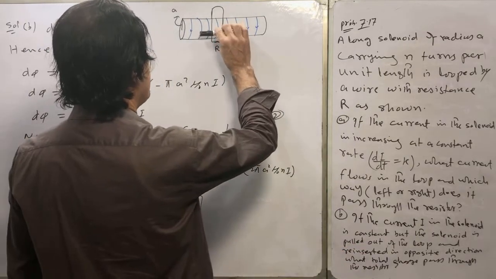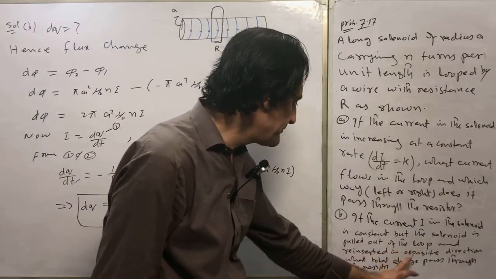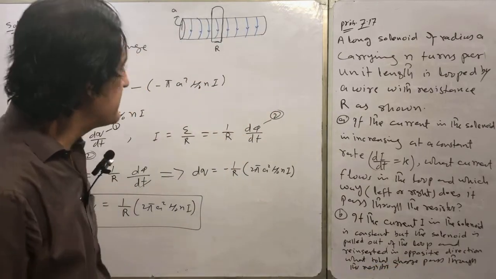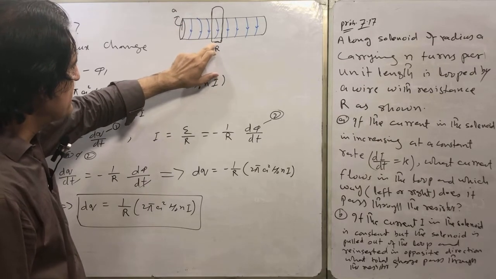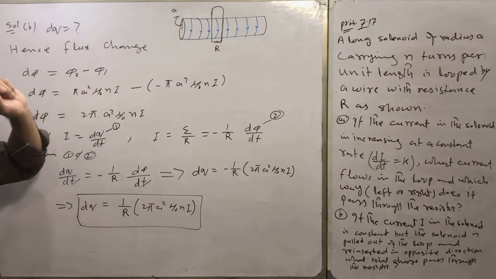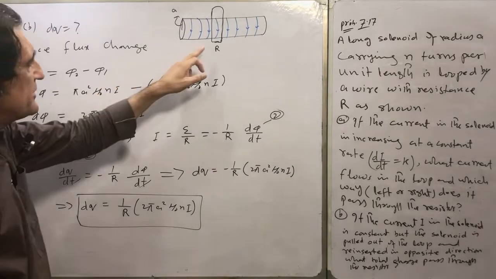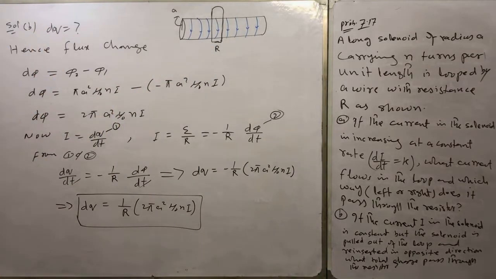If this solenoid is pulled in this direction and then inserted, what total charge passed through the resistance? So we are asked to find the charge in this resistor, and dq we need to find.